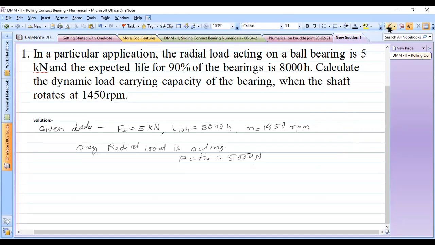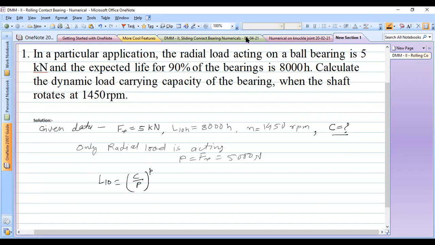Now next, what do we have to find out? We need to find out the dynamic load carrying capacity, that is capital C value. To find this, we have the formula L10 is equal to (C by P) raised to the power small p.